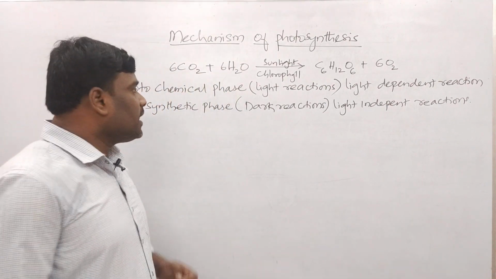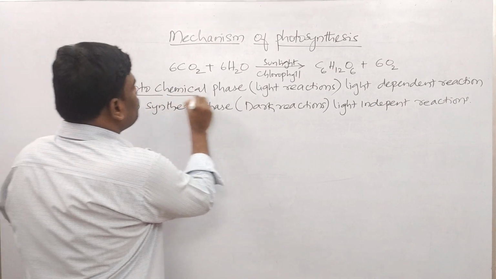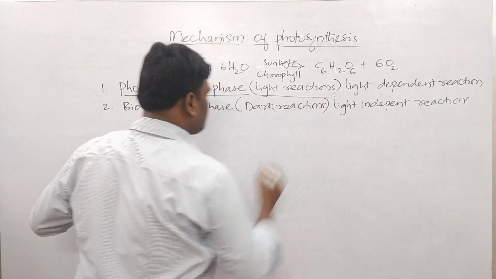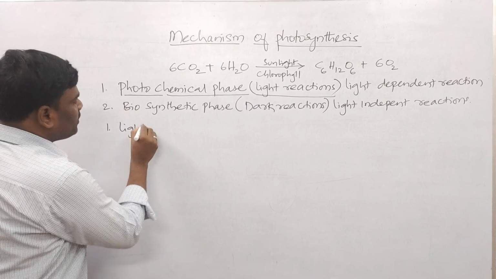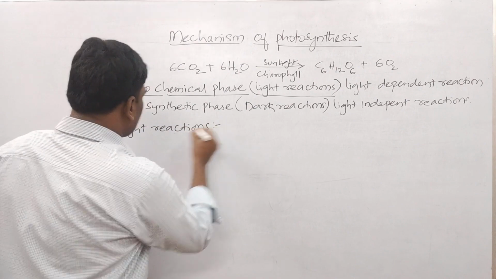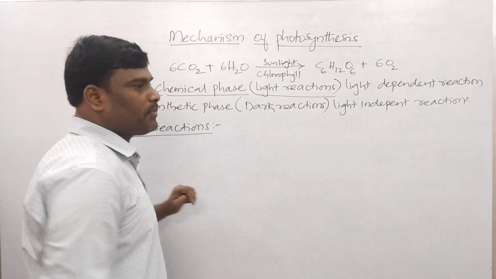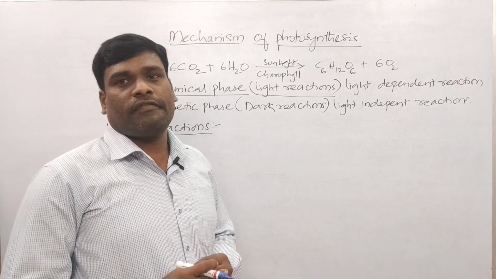Okay, children. Now let us study the first phase, that is the photochemical phase or light reactions. So let me write light reactions. In these light reactions, children, light gets absorbed by the chlorophyll pigments.